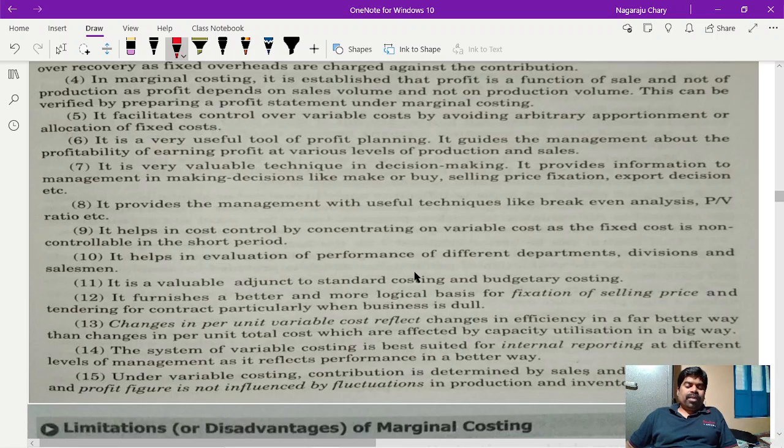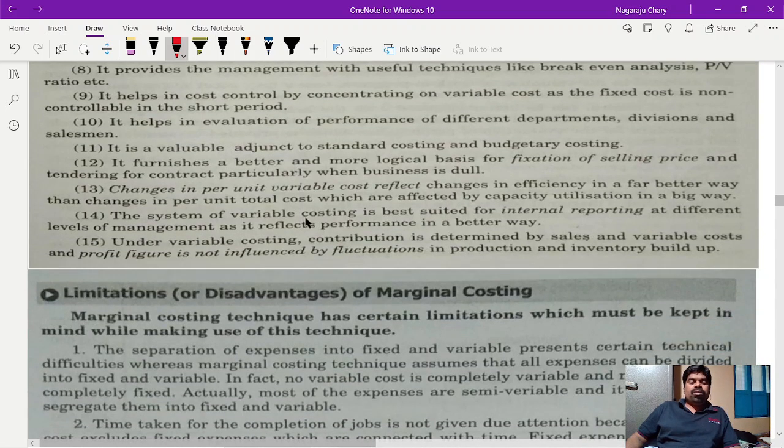So person to person, department to department, product to product, area to area, like that each aspect can be easily evaluated. The performance of all the aspects can be easily known by the management. Then management can take decisions to reduce abnormal expenses, wastage expenses. So that's why it is very understandable to the management.